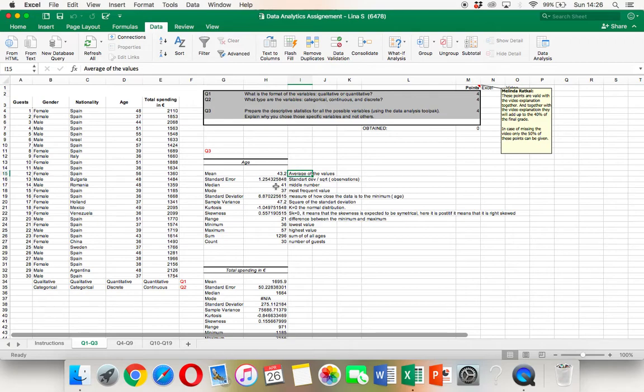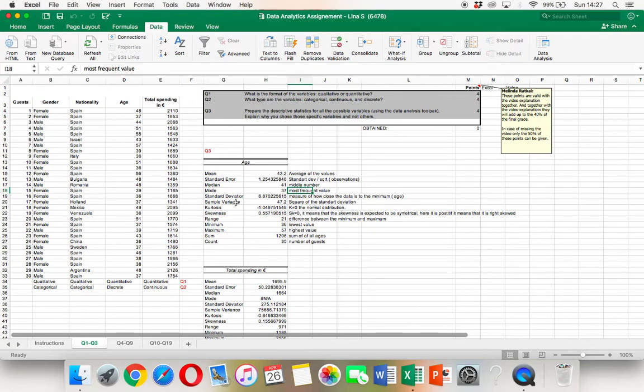This means that 50% of people are older than 41 and 50% are younger than 41. Then we have the mode, which is the most frequent value, the value that repeats itself the most. So it means that 37 years old is the most frequent age.